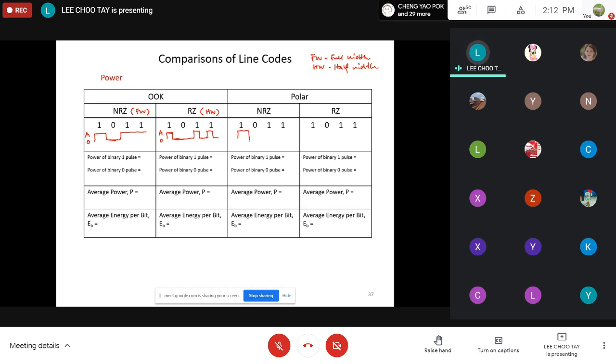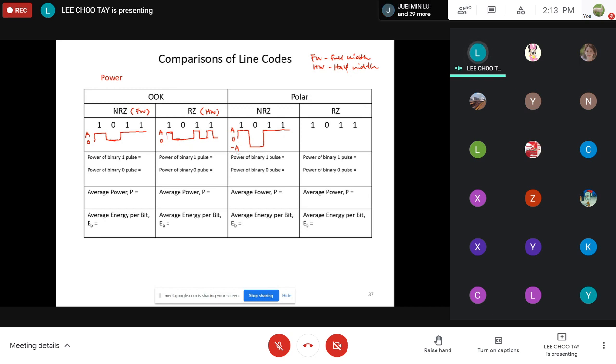And when we transmit 0, since it is polar, 0 is transmitted with the pulse amplitude minus A. It lasts for the entire bit duration, then it goes back to amplitude A because I'm going to transmit a 1, and the next bit is still 1, so it stays at amplitude A. So this is 0, this is A, and this is minus A. In polar, a 1 is transmitted with a pulse of amplitude A, whereas a 0 is transmitted with the negative pulse.